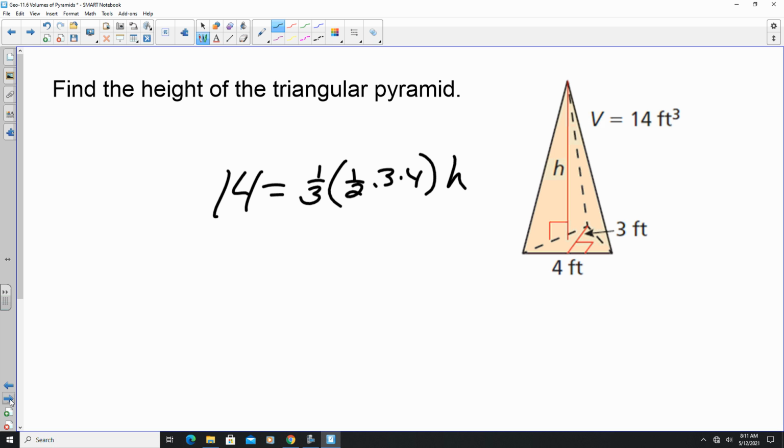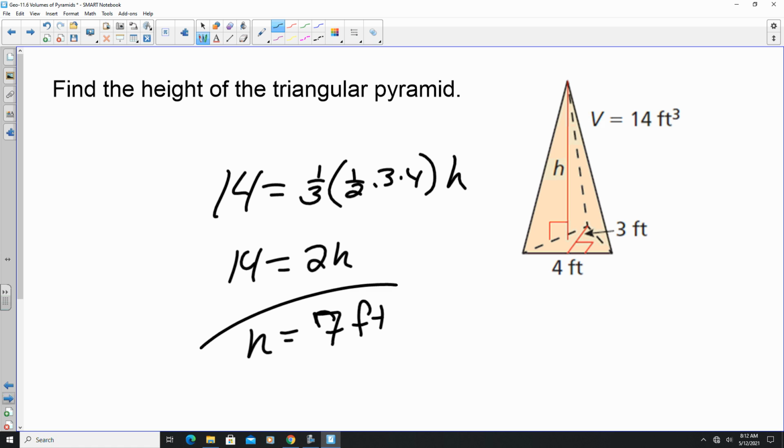And h is what we don't know. So 1/2 times 3 times 4 gets us 6, times 1/3 gets us 2. So 14 is equal to 2h, which means h is going to be 14 divided by 2, which is 7 feet.